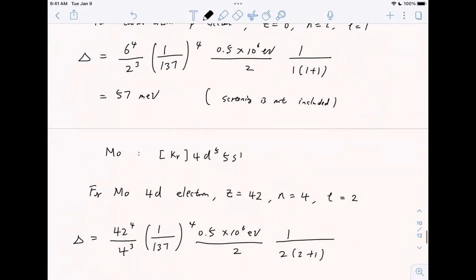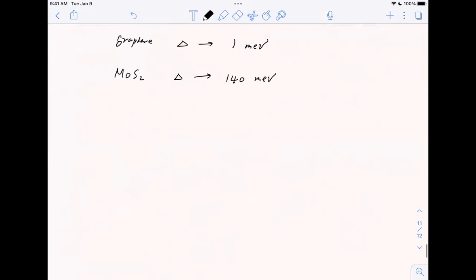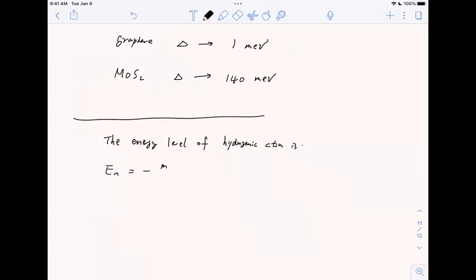Okay, finally, let's make a comparison of the spin-orbit coupling to the energy level of the hydrogen atom. So just compare with the energy of the level. So E_n equals negative m. This is the formula that you can find, I think, in the textbook.